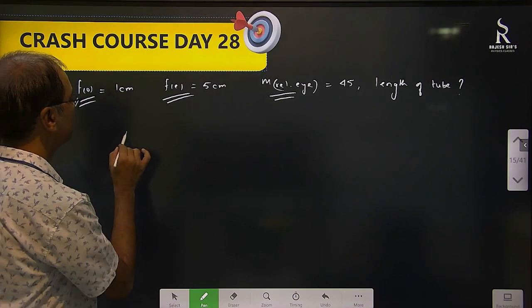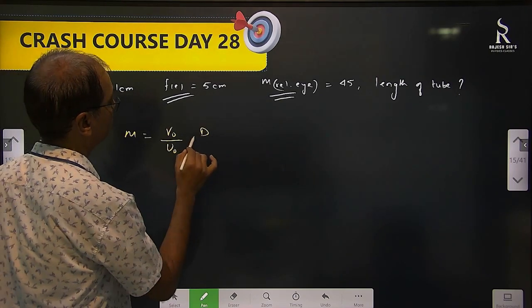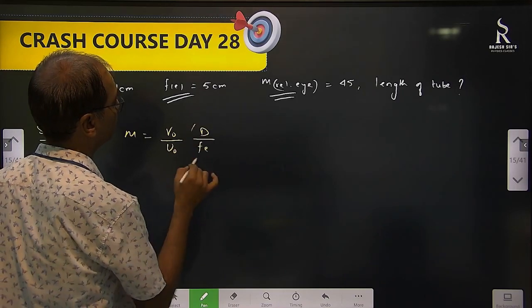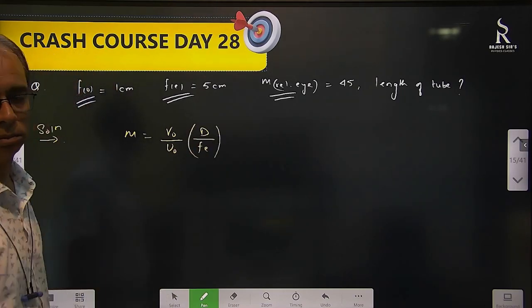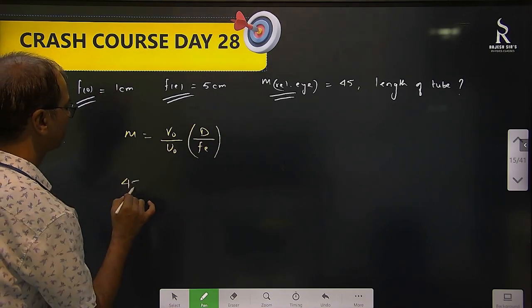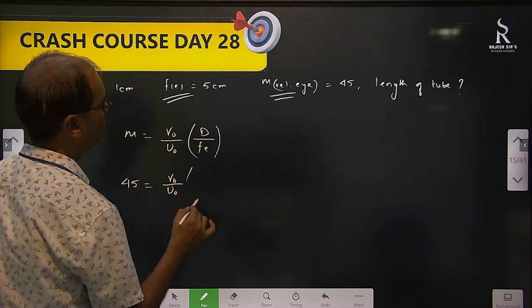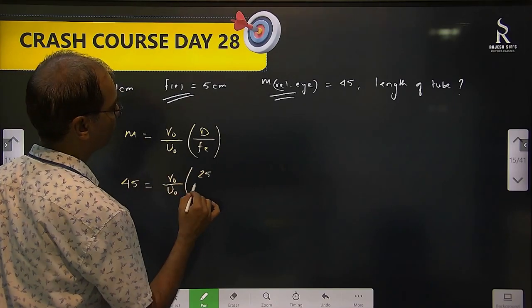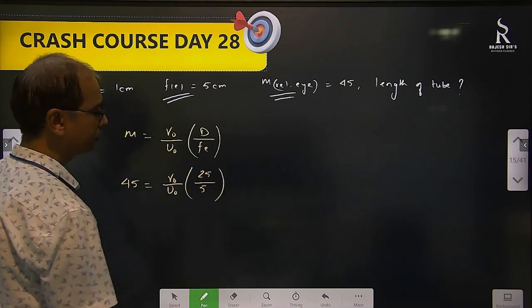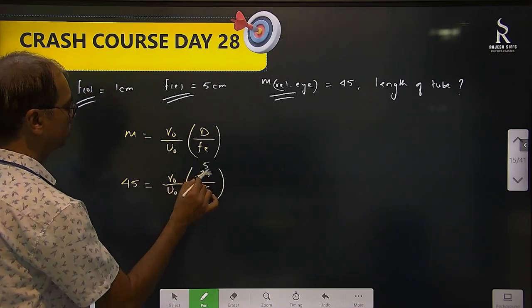So magnification is what? We say V naught by U naught into D by F. Okay, so this is 45 given. We have no idea about V naught, we have no idea about U naught. D we know is 25 and Fe is given 5. Right, so this is 5 into 9.